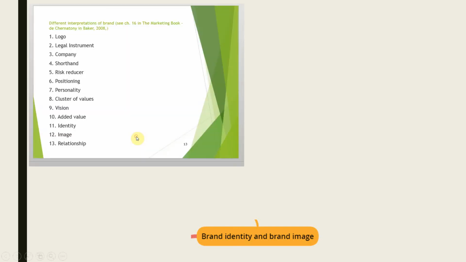Then we were talking about interpretations of a brand. These are constructs formed by both us as marketers and the consumer themselves. We went through all 13 of these different interpretations of a brand, and how they actually work, what it actually means.